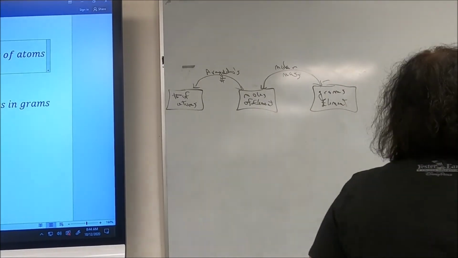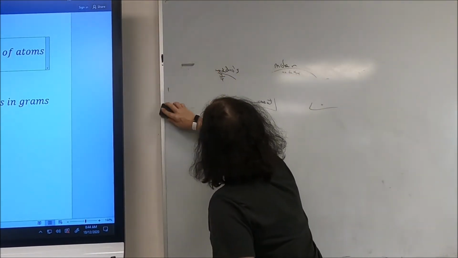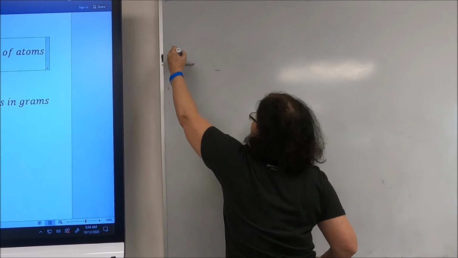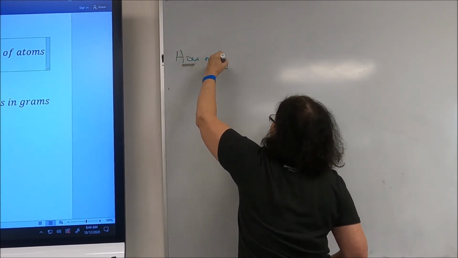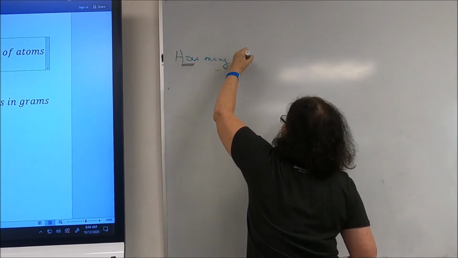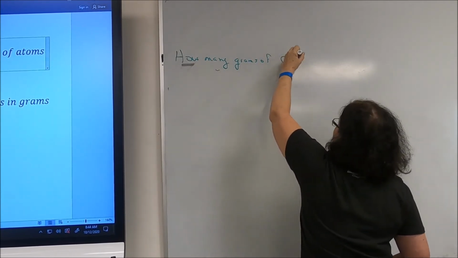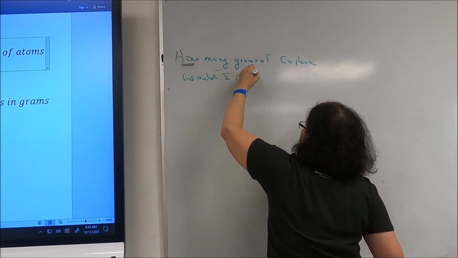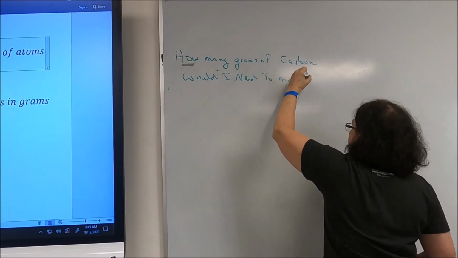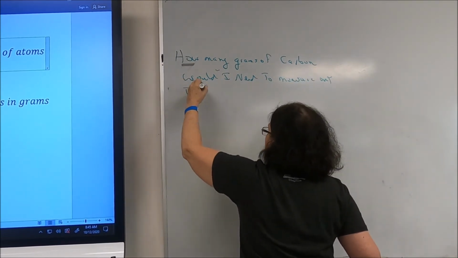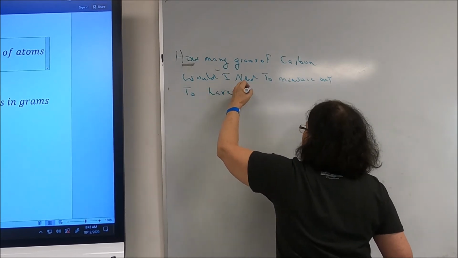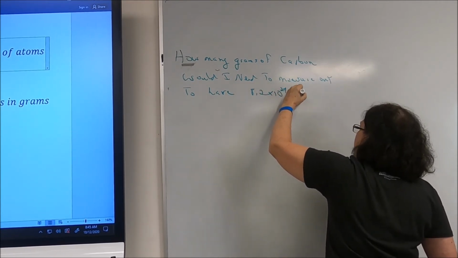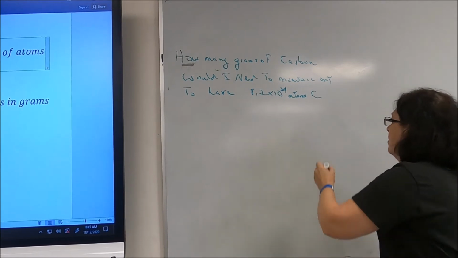So let's invent a problem. A problem could say something like, how many grams of carbon would I need to measure out to have 8.2 times 10 to the 24 atoms of carbon?